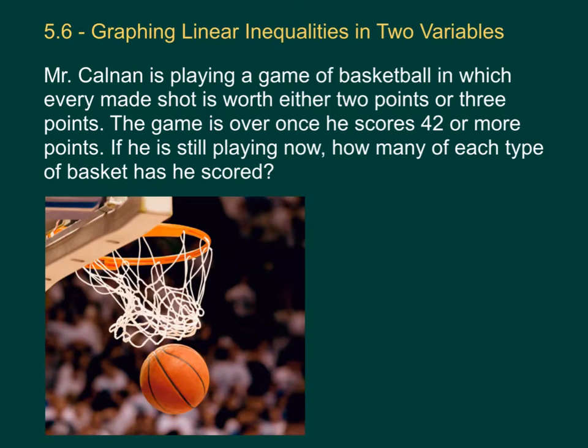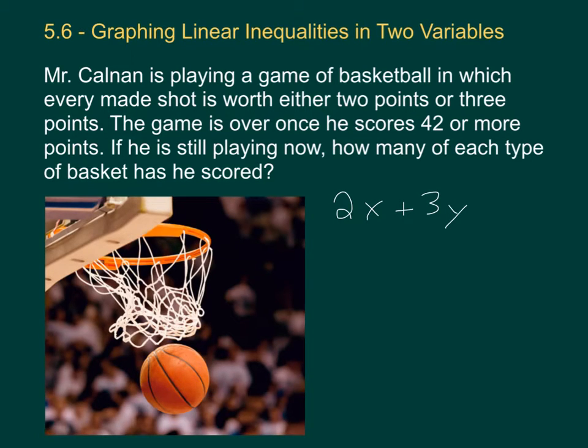All we can do is express all of the answers using an inequality. I'm going to start by writing something that looks like an equation, but I'm going to use an inequality symbol to make it special. So I know I could get 2 points for some baskets, so I'm going to call that 2x for the number of baskets that are worth 2 points, plus 3y based on the 3-point baskets.